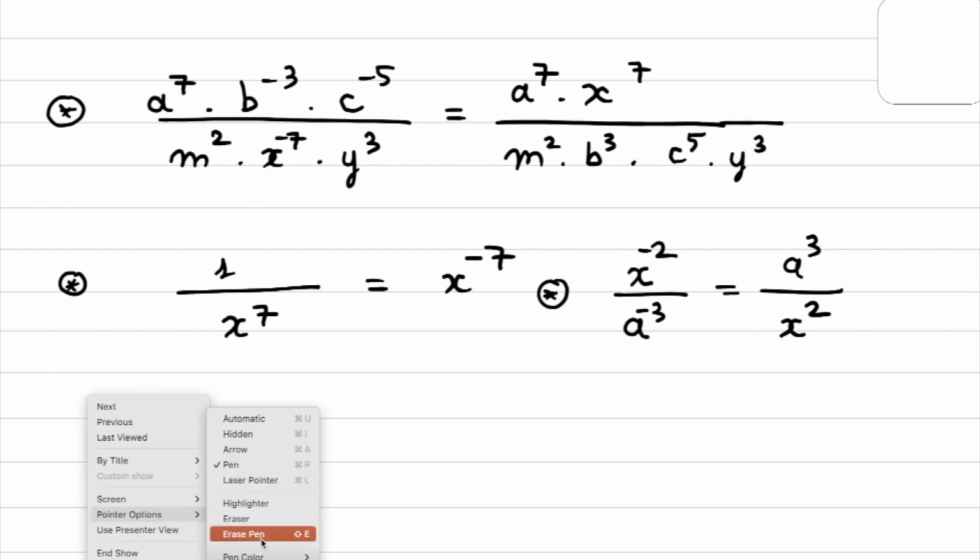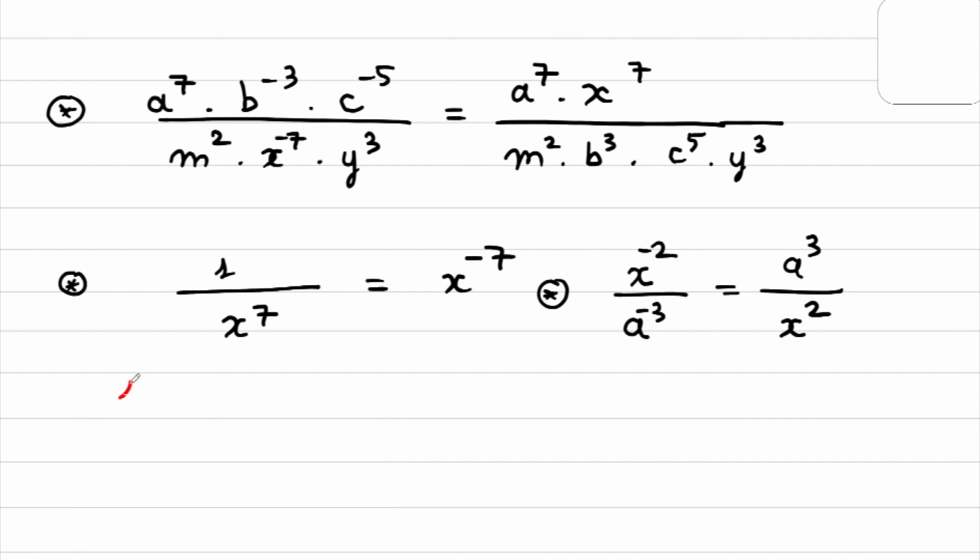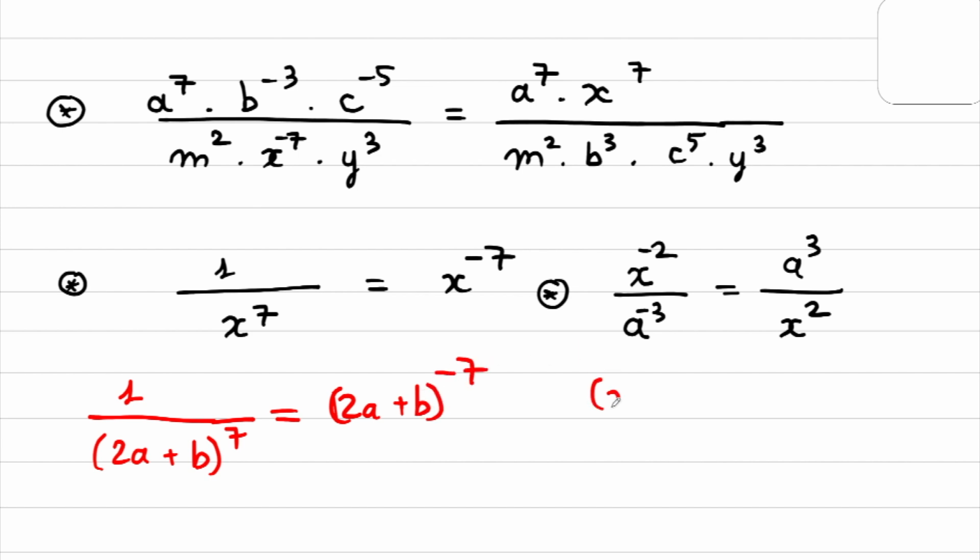But how about when I have an expression? When I have an expression in the denominator, here I have 2a plus b inside the bracket, with the power outside being 7. I want to change this to normal indices. It will be 2a plus b to the power of minus 7 here. The next one, you have x plus 2y to the power of negative 2, and here you have m plus 3n to the power of minus 3.